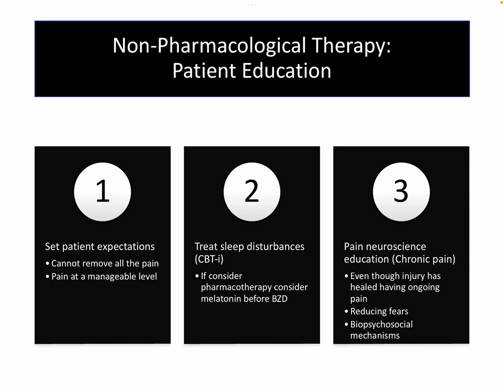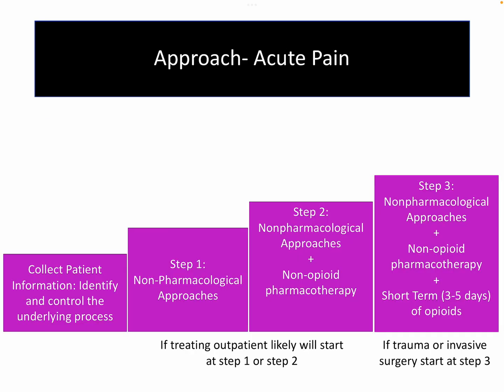Now, these are listed 1, 2, 3. It's mostly just for slide reasons. You don't have to use all 3 of these in this order. You could start out with one over the other. I will say sleep disturbances and pain neuroscience education really do rely more on the chronic pain. The pain education would be for chronic and acute.